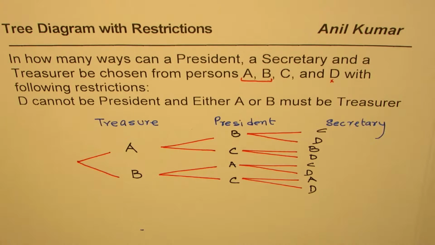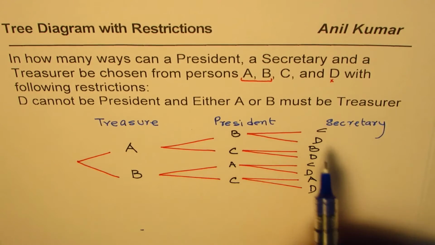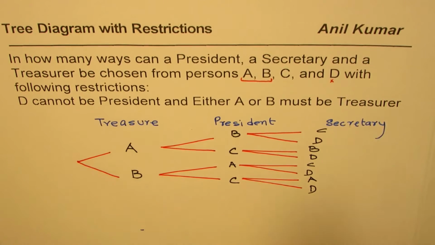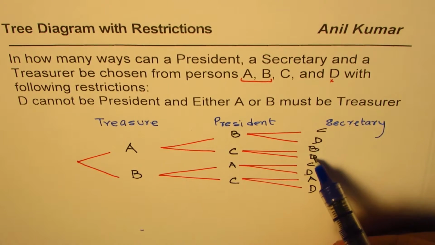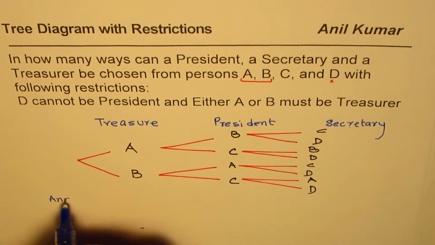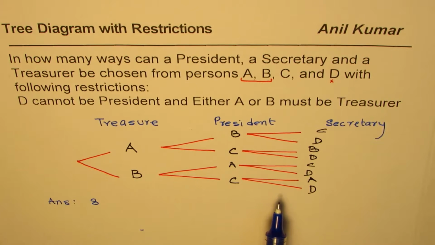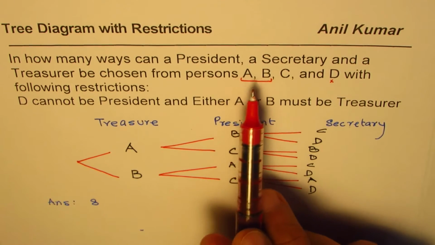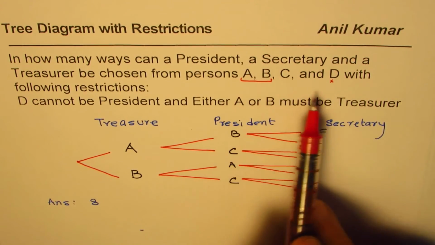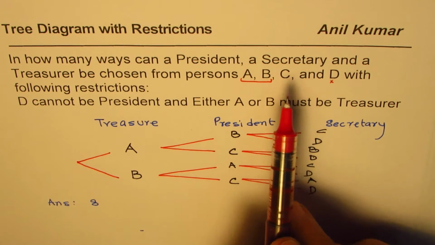So now we can count the number of possible choices with the given restrictions. So we have 1, 2, 3, 4, 5, 6, 7, 8, right? So our answer here is equal to 8. So if we have restrictions, we can find 8 ways of choosing 3 persons from the 4 to make a group with president, secretary, and treasurer.